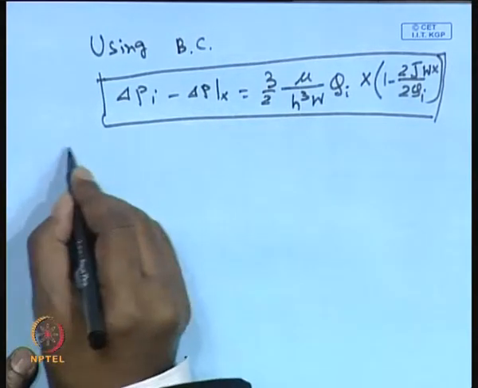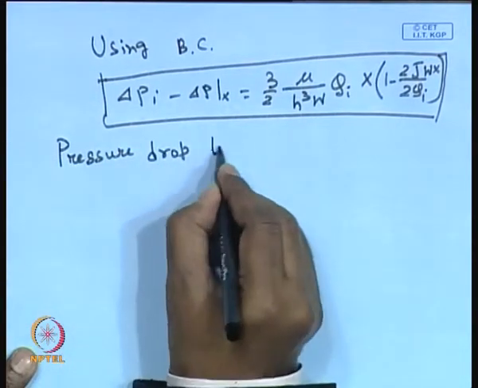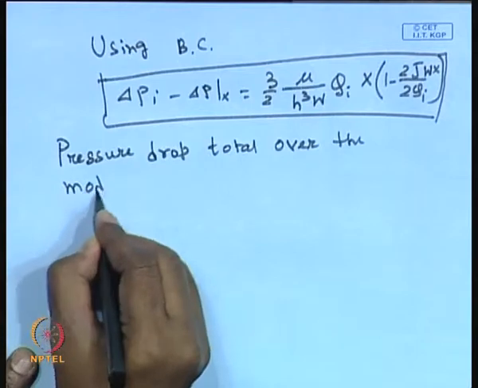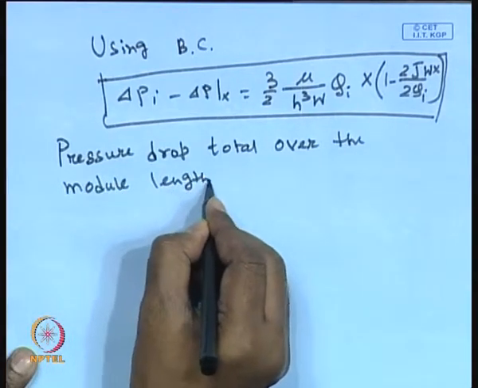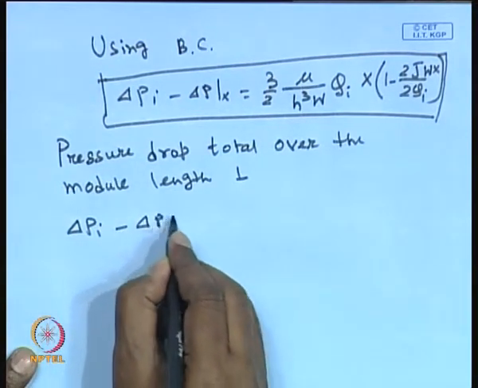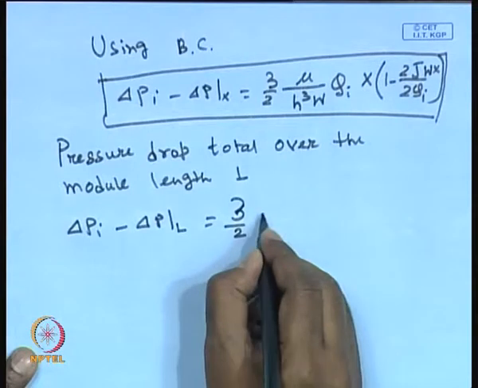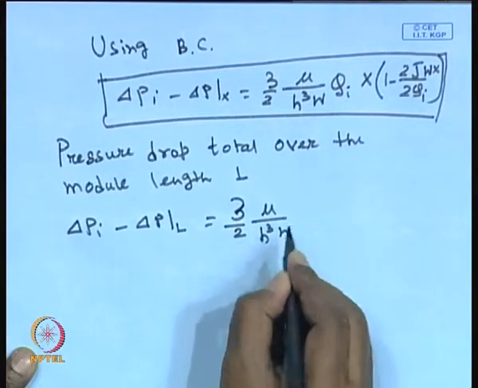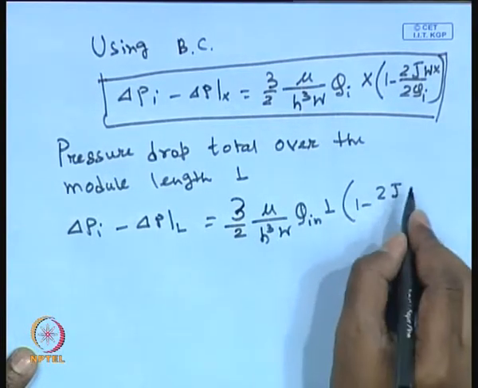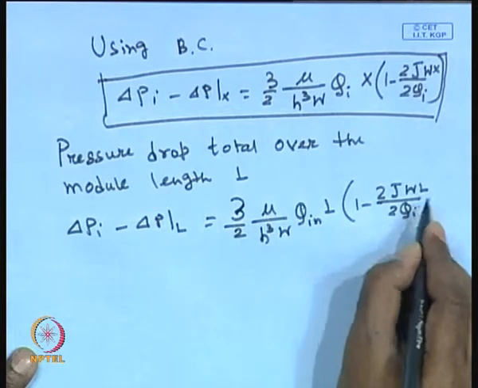Similarly, you can find out the total pressure drop over the module length L, which is nothing but delta P_i minus delta P_L, equal to 3 by 2 mu h cube by w Q_in times L into 1 minus 2 J w L divided by 2 Q_i.